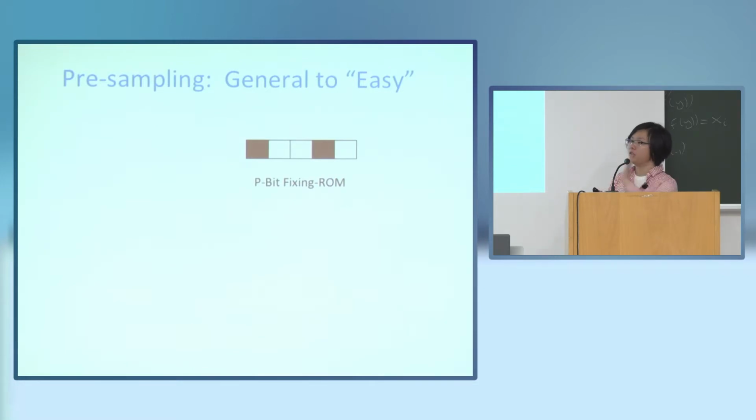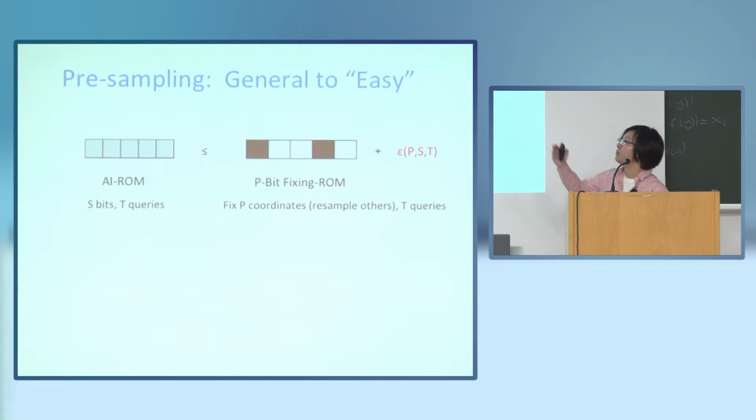You can choose the P locations depending on the function you get, but later all the other locations are resampled, independent uniform entries. This is the P-bit-fixing random oracle. And the high-level idea of pre-sampling says the best advantage you can get in the auxiliary-input random oracle model can be upper bounded by the advantage you get in the P-bit-fixing model plus some extra term.